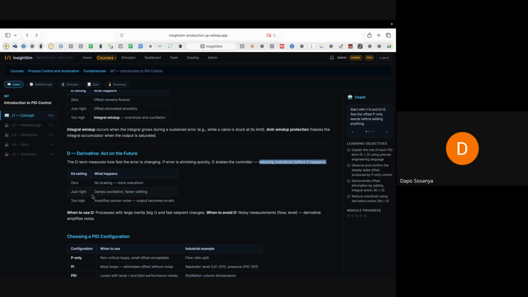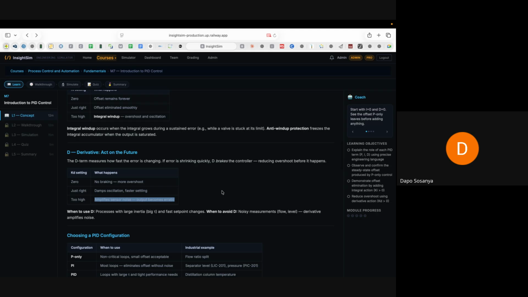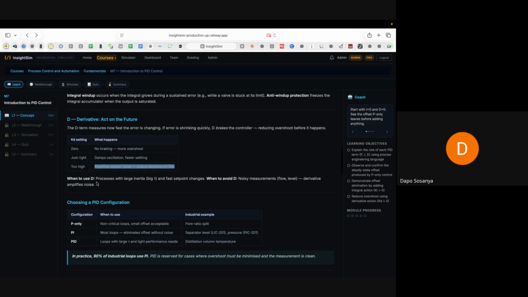If it is just right, it damps oscillation, and your process gets to the set point and settles there faster. And if it is too high, it amplifies sensor noise and your output becomes erratic. So when to use D: processes with large inertia. Large inertia is big tau. Who can tell me what tau means?